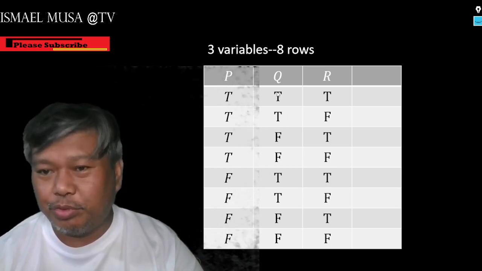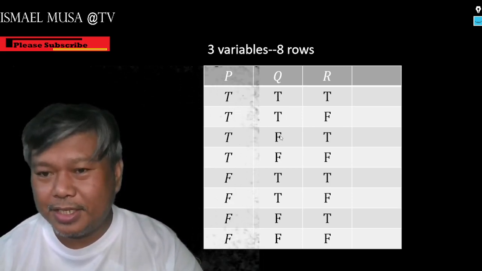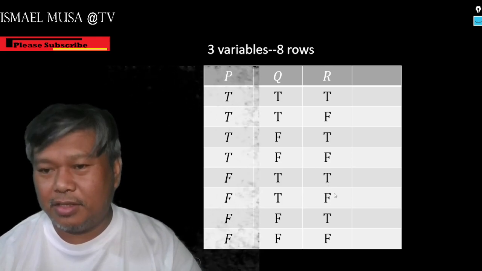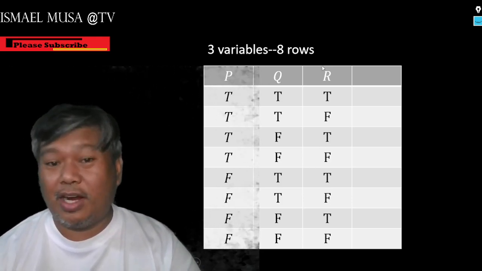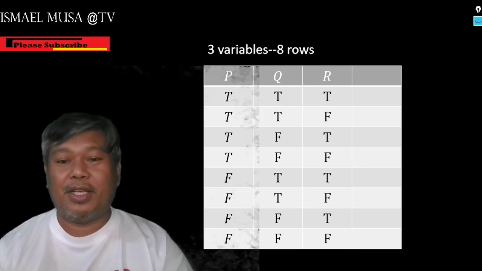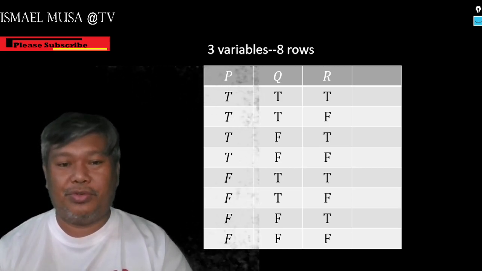In here we have 2 true, 2 false, then 2 true, then 2 false. So it's a unique combination. You try to observe. And of course we can have true, false, true, false, true, false, true, false. So that's P, Q, R: for 3 independent variables, there must be 8 possible rows.